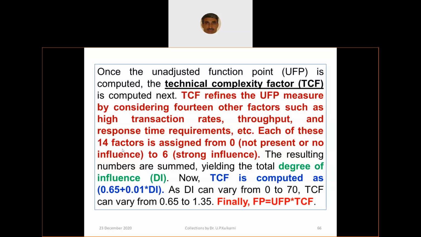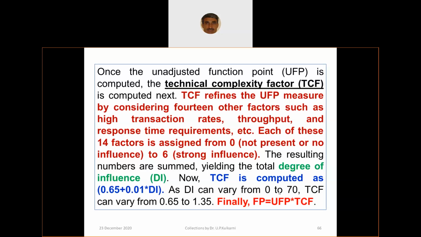Each of these 14 factors is assigned a value from 0 to 6, that is, from not present to strongly influencing. The resulting numbers are summed, yielding the total degree of influence DI. So TCF is computed as 0.65 plus 0.01 times DI. DI can vary, whatever the degree of influence is.